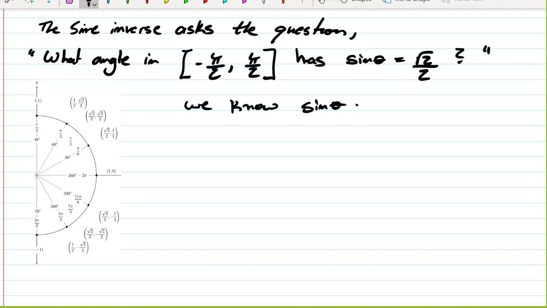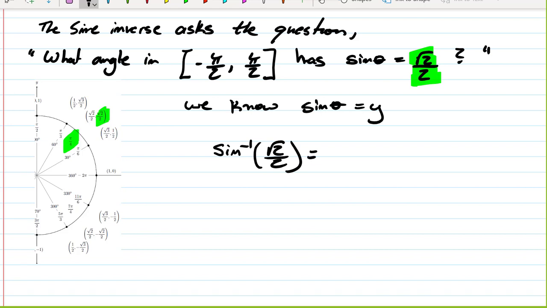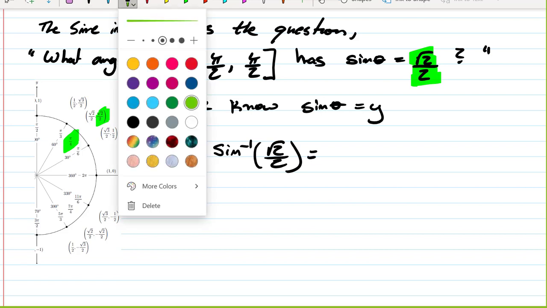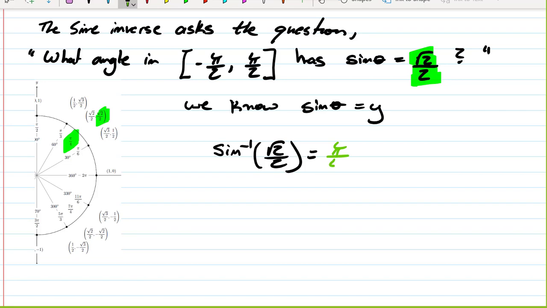So we're looking for a y value that equals root 2 over 2. And that's going to happen right here. So what is our corresponding angle? Pi over 4. So the sine inverse of square root of 2 over 2 is equal to positive pi over 4, because the sine of pi over 4 is square root of 2 over 2.